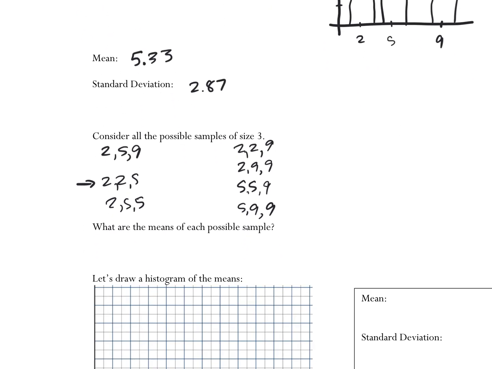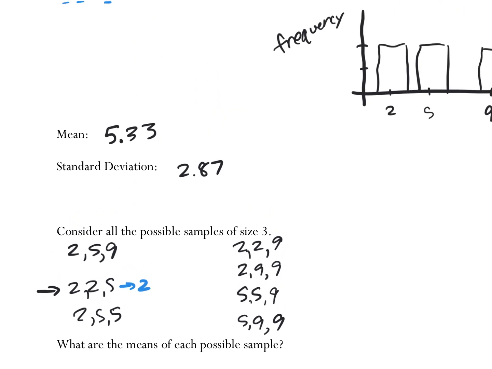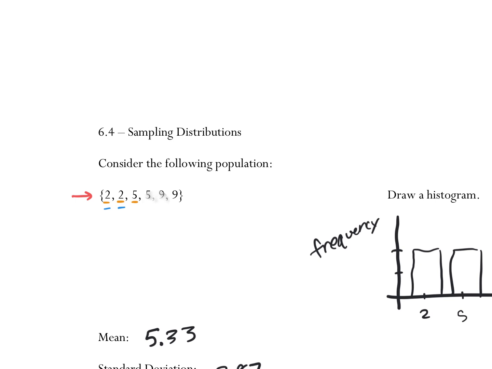So, in terms of this one, there's 2 different ways I could get this. Is everybody okay with that? And likewise, for similar reasoning, 2, 5, 5, it could be 2, 5, 5 or 2, 5, 5.